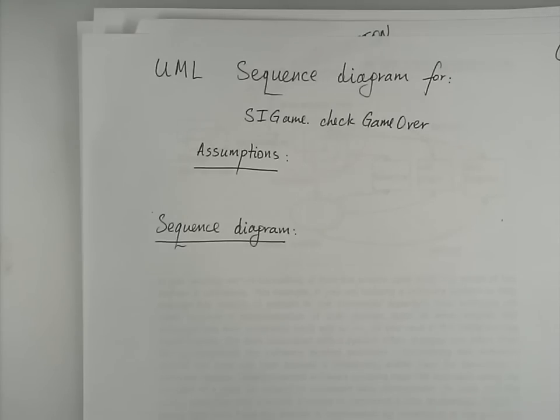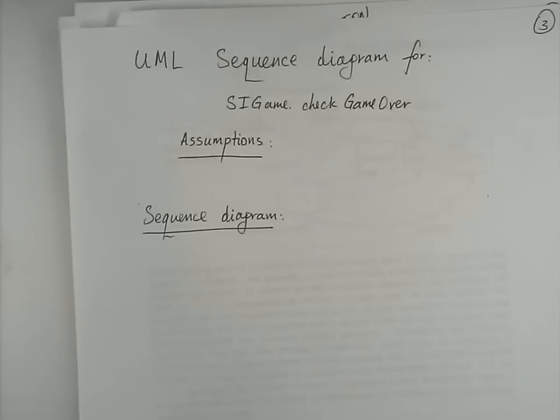So I'm just going to start it here. The UML sequence diagram, remember, is attempting to model what happens in a method at a particular instance in time. So someone called this method, check game over, on an instance of the class SI game, and now you happen to be executing this method.